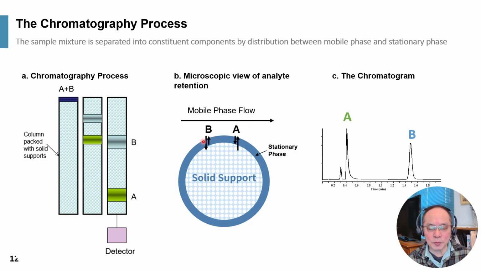While B is much more retained, right? The arrows are bigger going down to the hydrophobic stationary phase. So peaks would get broader and also have larger retention time.